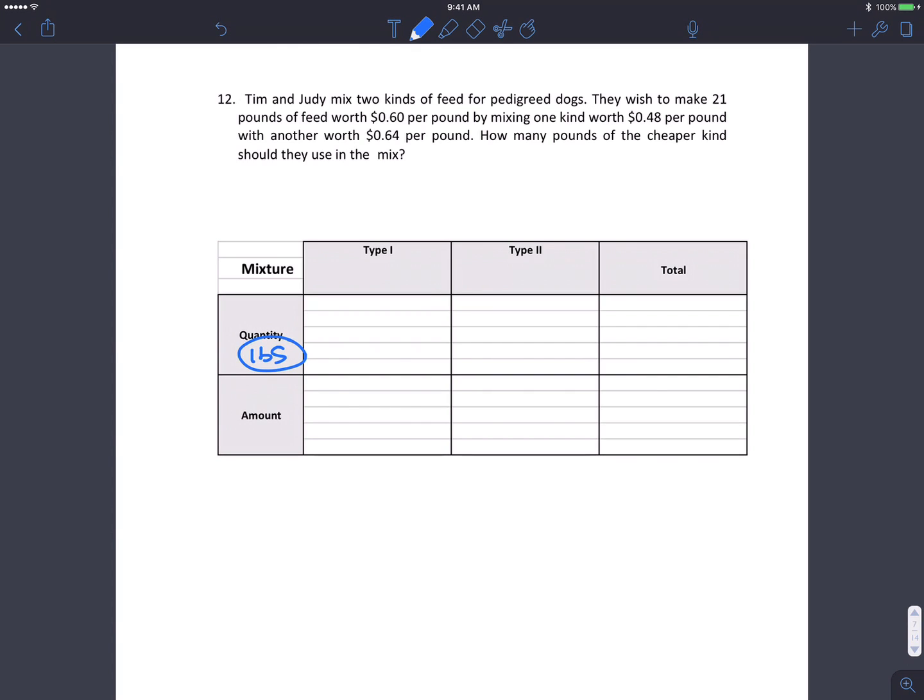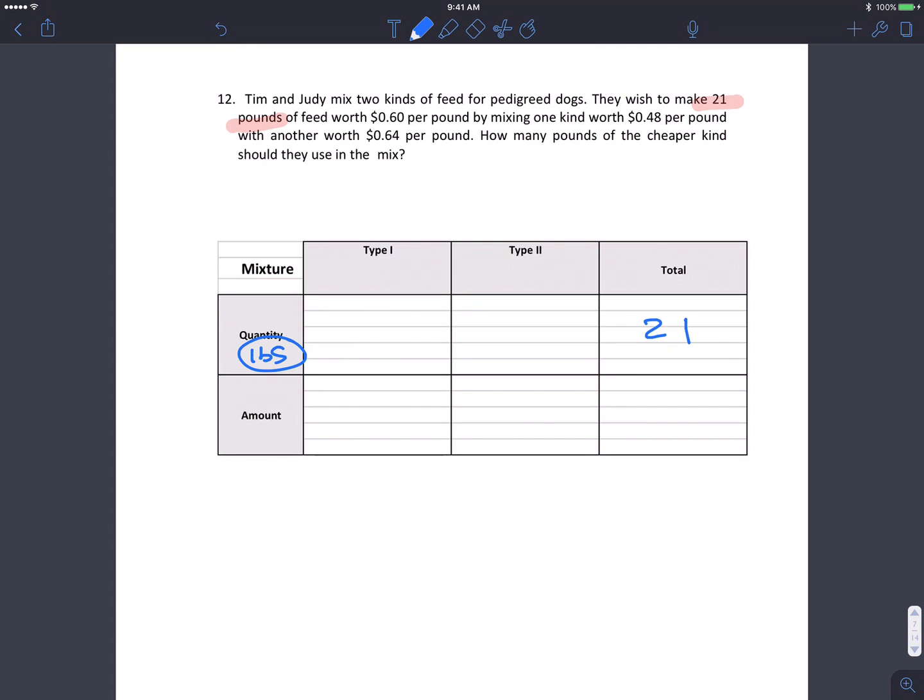They didn't say total, but that's really what's implied, that the total here is actually 21 pounds of the feed they want to create.